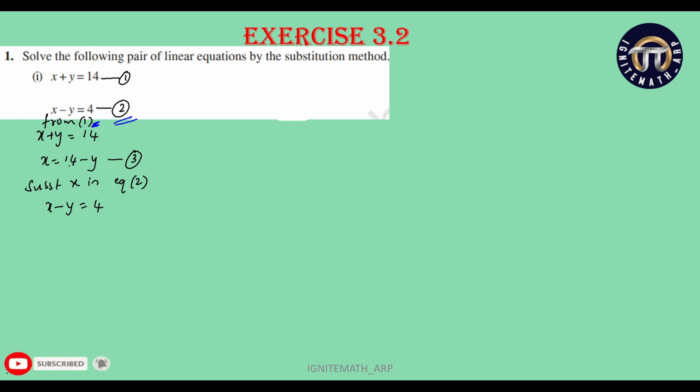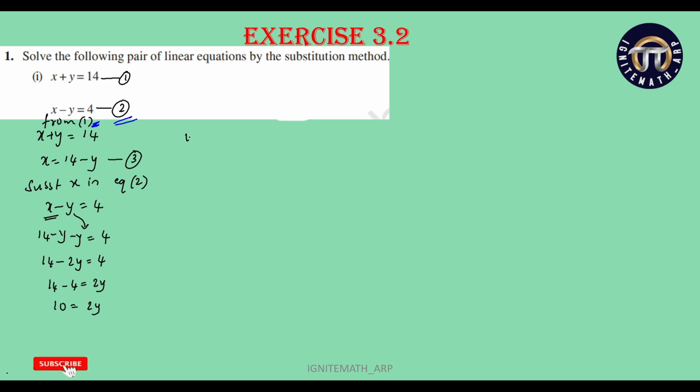In place of x, I will write 14 minus y, and this minus y I'm going to keep as it is, equal to 4, right? So 14 minus 2y is equal to 4. Then 14 minus 4 is equal to 2y. Clear? So I'll get 10 is equal to 2y. Then I can write y is equal to 10 divided by 2, y is equal to 5.